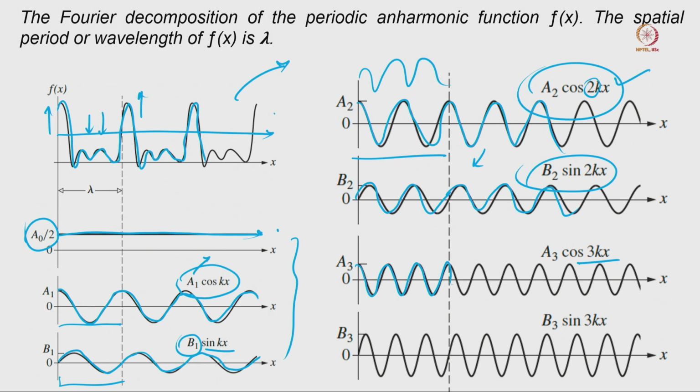Now, if you have a complicated wave function, how you can simplify it and get very simple cosine or sine wave functions. If we get this, then we can add them together and you can get the images.